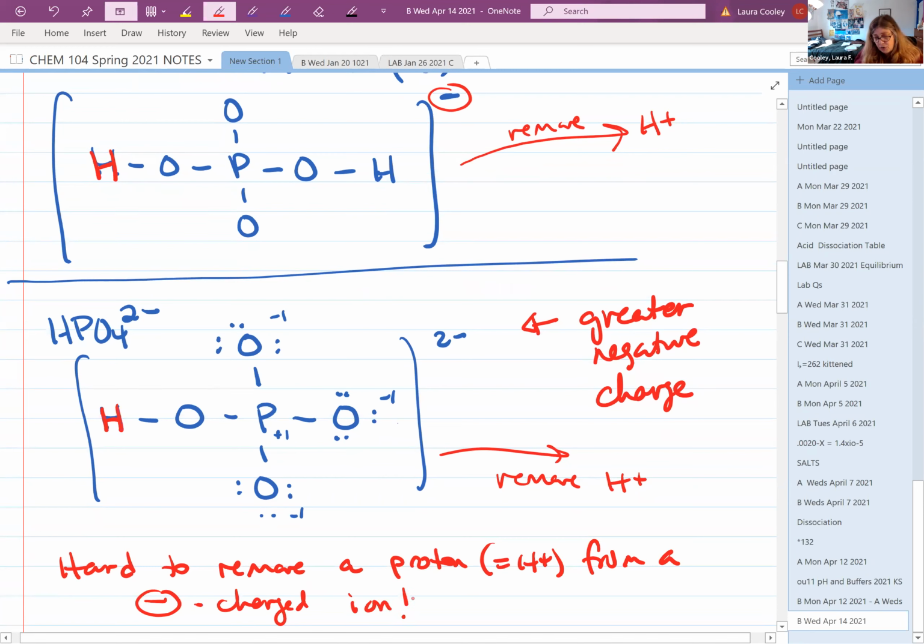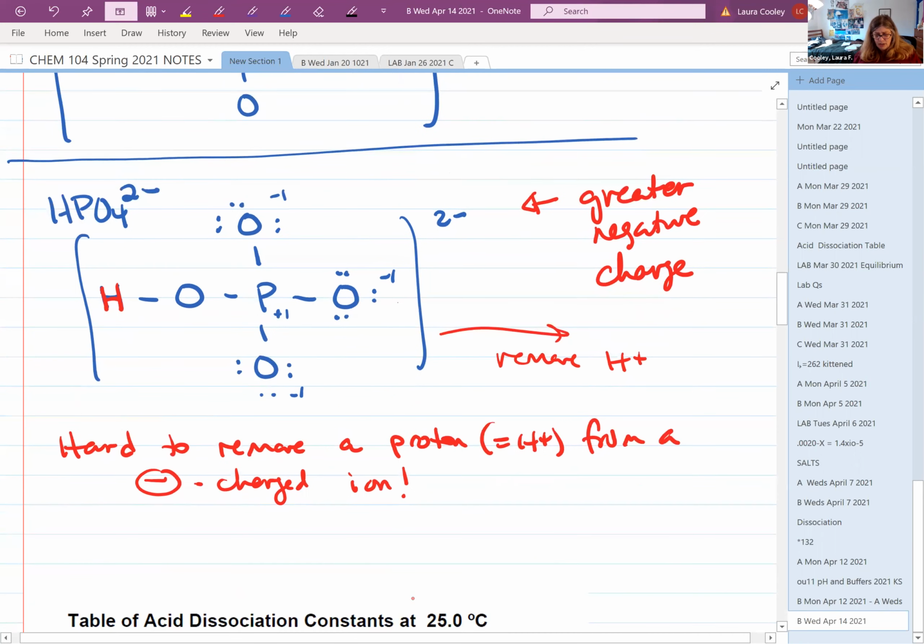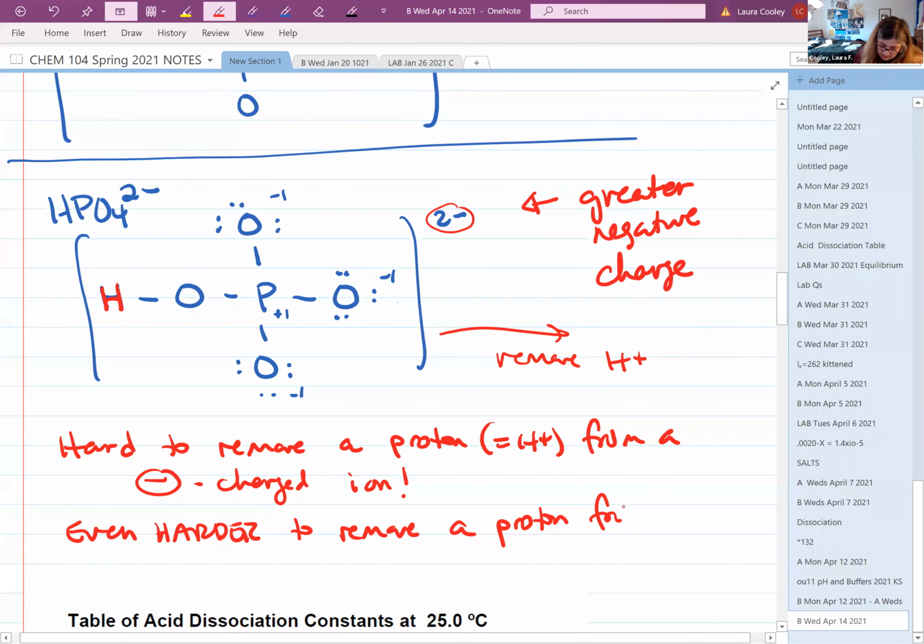Well, if it's hard to remove a proton from a negatively charged ion, it's even harder to remove a proton from something with a -2 charge, okay? So even harder to remove a proton from an ion with a -2 charge.